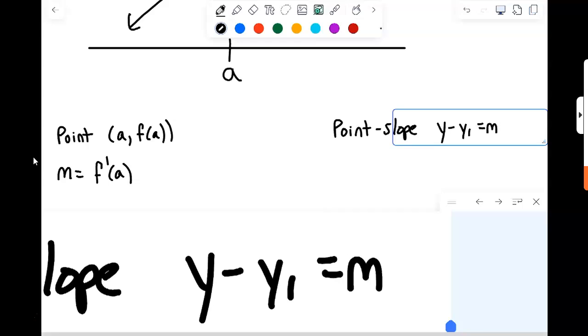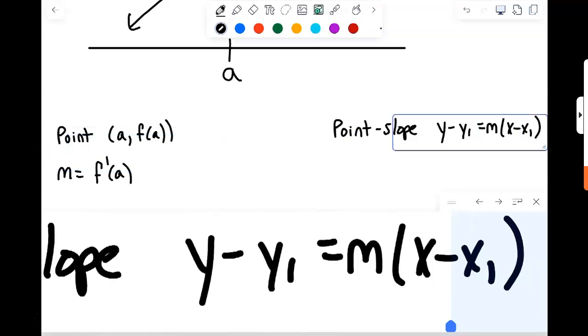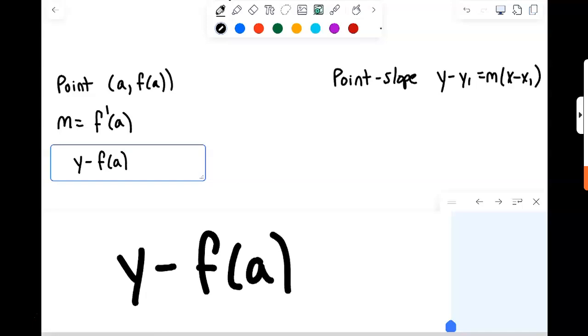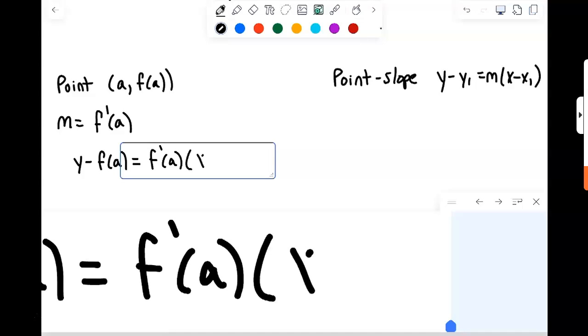remember that the point slope formula says the equation of the line is y minus y1 equals m times x minus x1. So if we put that information in, we would get y minus f of a equals m, which is f prime of a, times x minus a. And we can actually rearrange it.